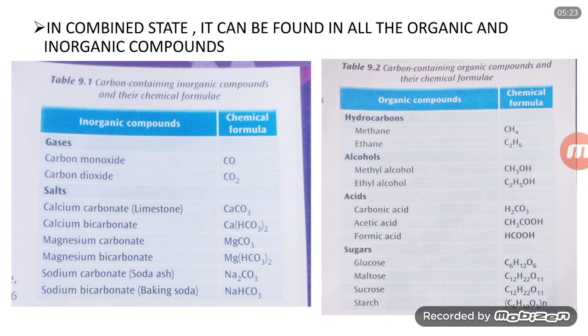Formic acid, its formula is HCOOH. In all of these compounds, you can see that carbon is present in combined form. Coming to sugars like glucose, maltose, sucrose and starch, if you look at its formula, you can find that carbon is one of the elements present in these compounds in combined form.